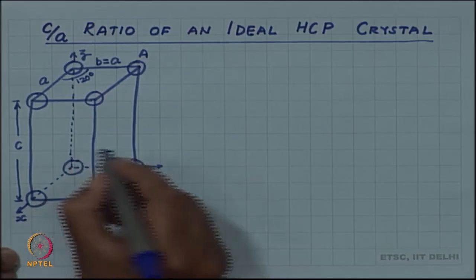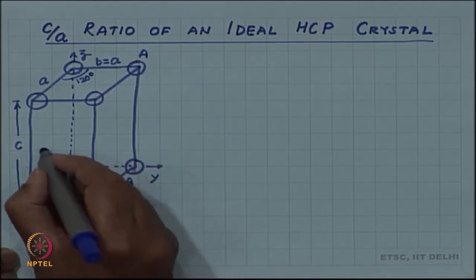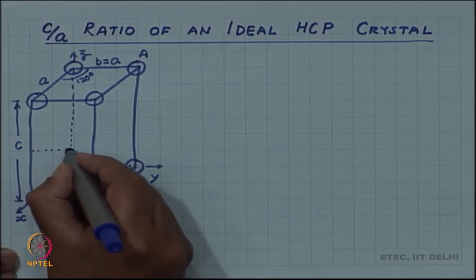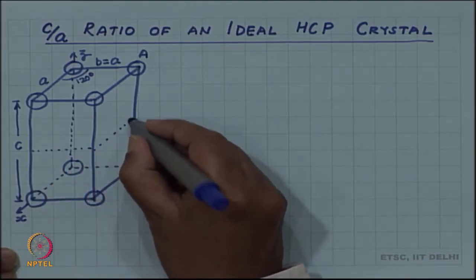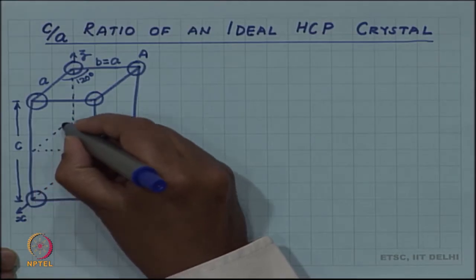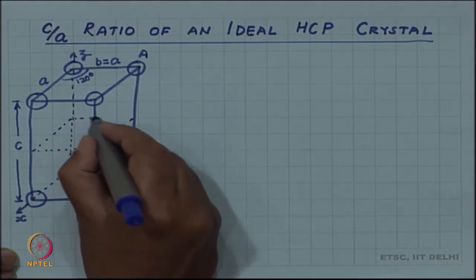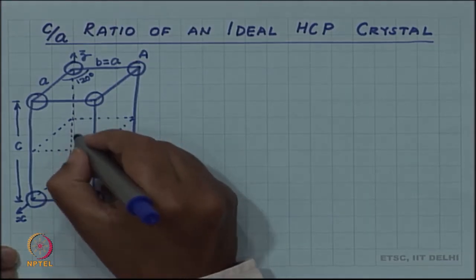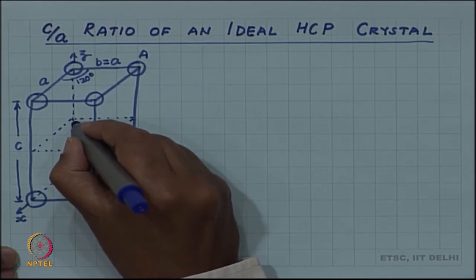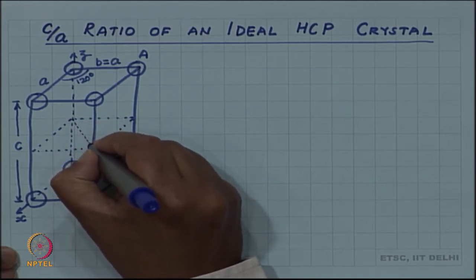However, note that there is an intermediate plane which is the B plane. We have an intermediate plane just midway between these two A planes, which is the B plane, because the stacking sequence of hexagonal close packed structure is AB AB.